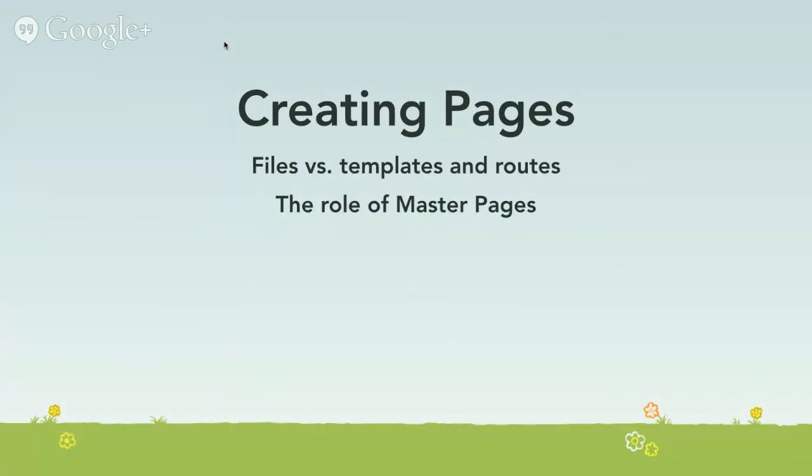One of the limitations of the way that Perch deals with creating pages when you get up to a big scale is that although it's very convenient to have lots of PHP files in your website, with each representing a different page, that works great for retrofitting into an existing site, or if you're just dealing with a small site, that system is really straightforward, enables you to get up and running very quickly, enables you to add content management to pages really quickly, and works brilliantly for small sites. But for bigger sites, it can become cumbersome to have lots and lots of pages, especially when moving between environments.